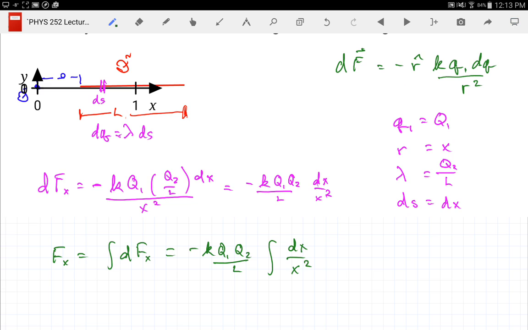What are my starting and ending limits for this integral? There's two of them. Not 0. Where does the wire start? B. So the lower limit is b. That's the minimum x. What's the upper limit? b plus L.